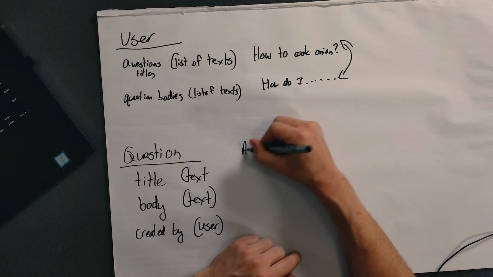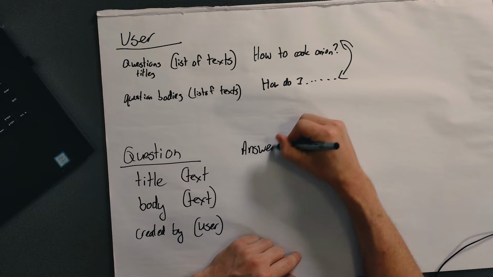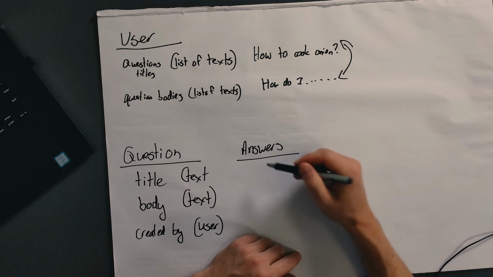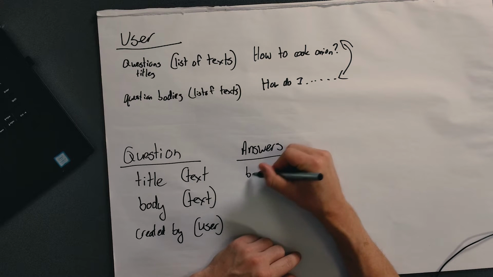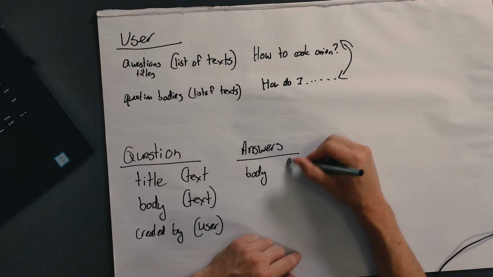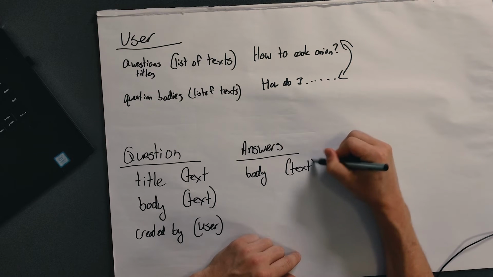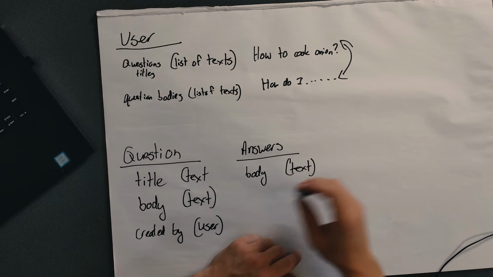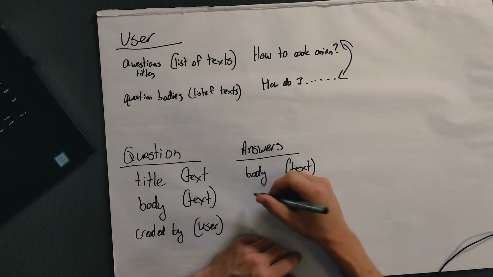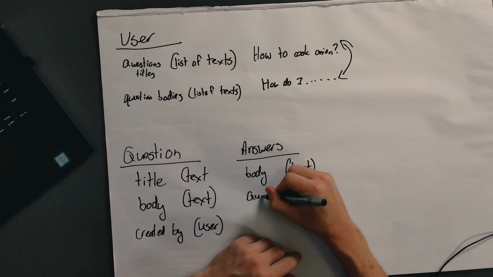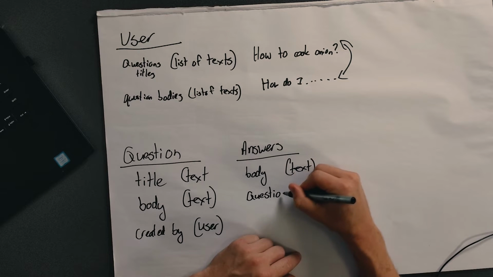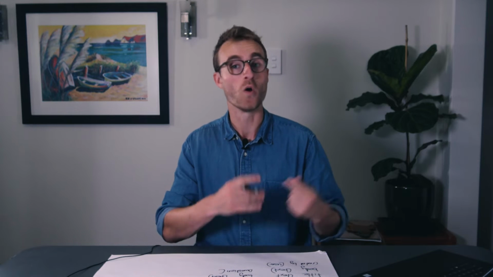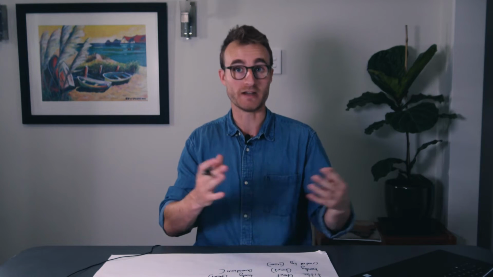So what else do we have? We have answers, right? And we know also that this is going to have more than one property, because the answer has a body as a text, but it also needs to have a relationship with a particular question. And this is really where we're getting into the second sub-question that you're asking yourself. The first is, what are the objects in my database?